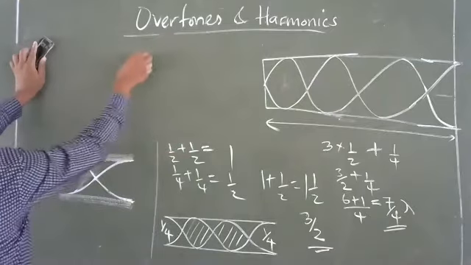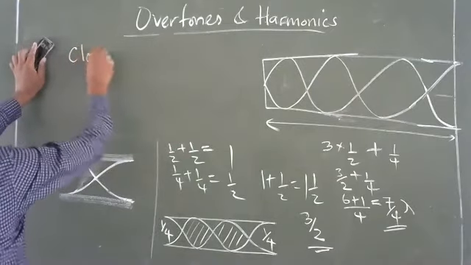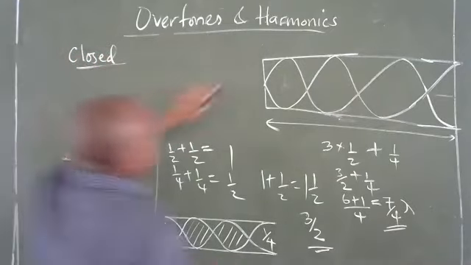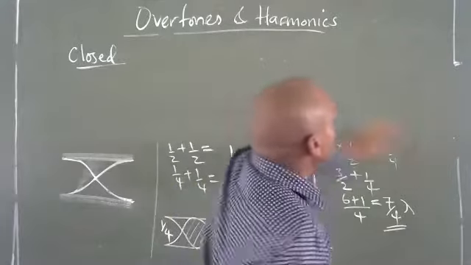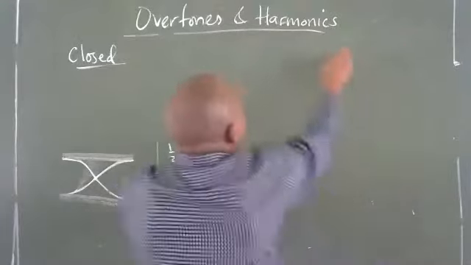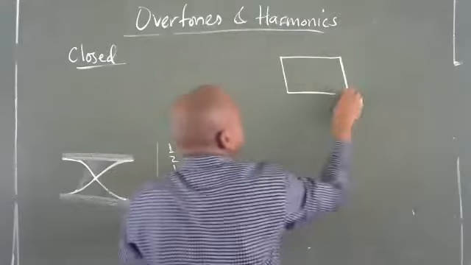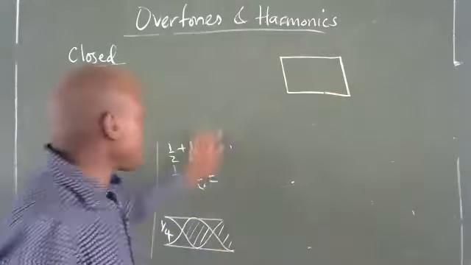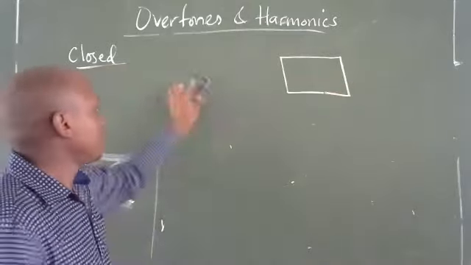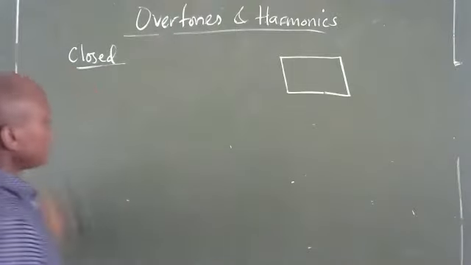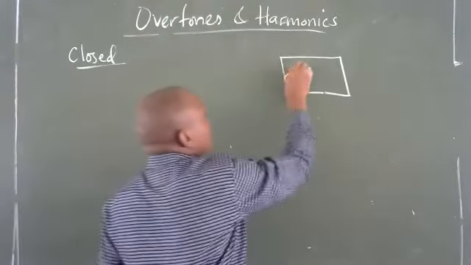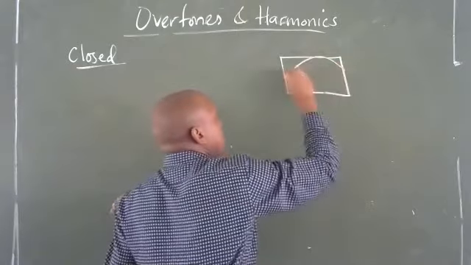We can start with the closed pipe. Closed at one end. By the way, I have not drawn for you this. Sometimes you can have a pipe that is like this, closed on both sides. What will be the first shape we shall draw? Close. We close on both sides.